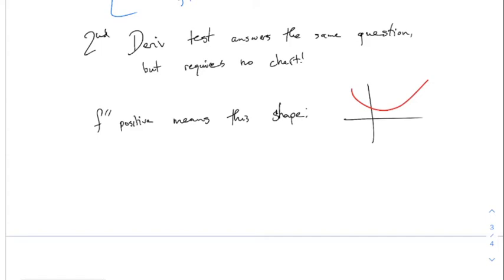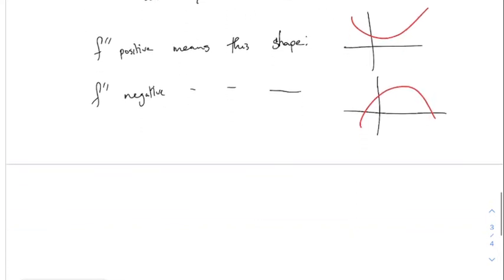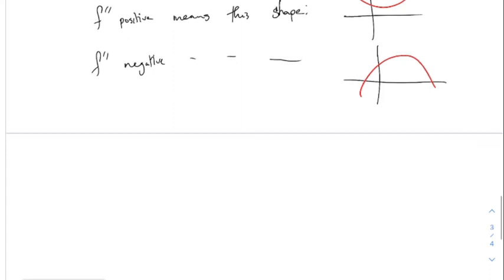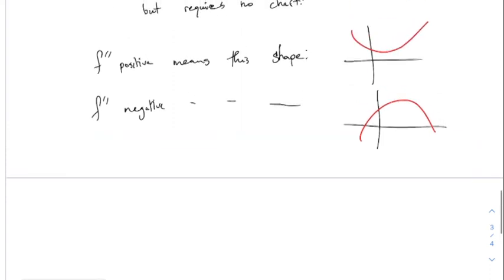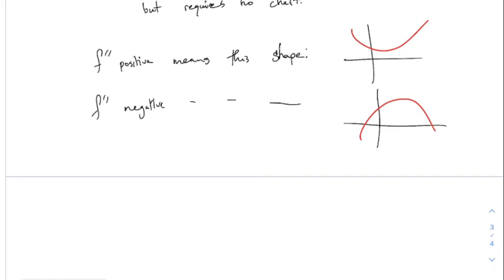And if the second derivative is negative, it means you're looking at the frowny shape this way. And so, if you have a point and you don't know if it's a minimum or a maximum, really it's a matter of deciding, is it this kind of shape or is it this kind of shape? And you can just use the second derivative to determine that.